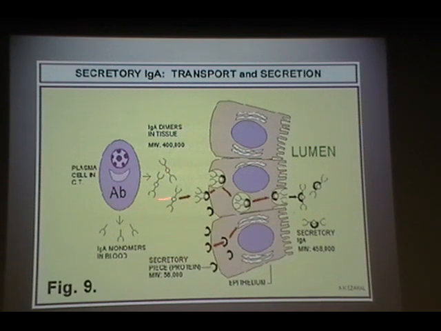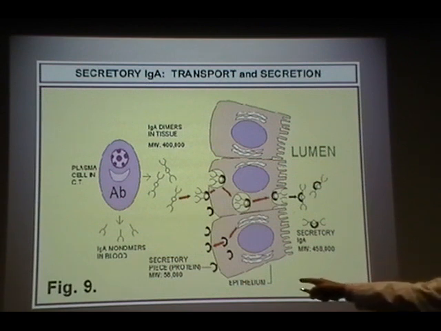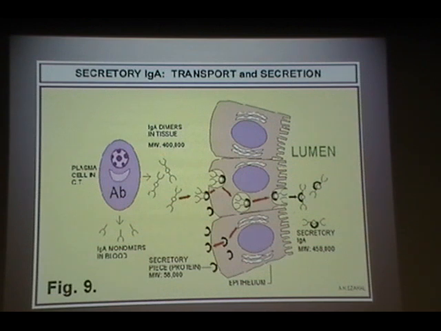Now most of this, over two thirds, are dimers. There is a small component of monomers that are found in the blood that are opsonizing. Okay, but that is a minority. These guys are the majority.